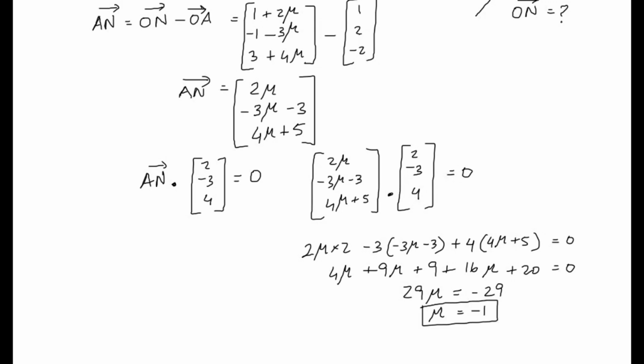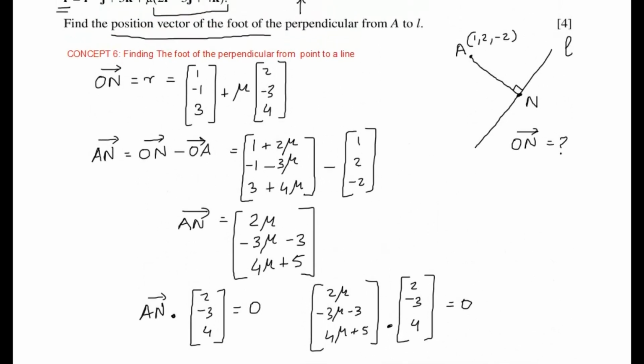So now that we know that mu is negative 1, we can plug that value back into ON. Remember, our task was to find the position vector of the foot of the perpendicular. So we had to find ON. So we put that value of mu, which is negative 1, back into this equation here.